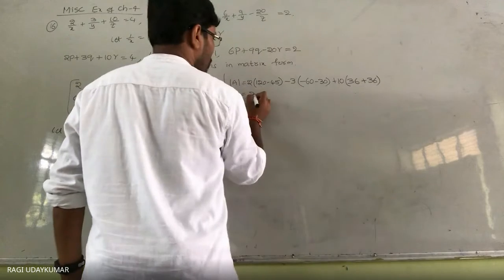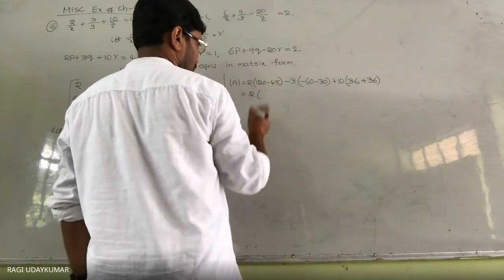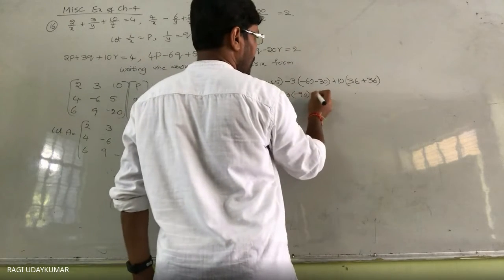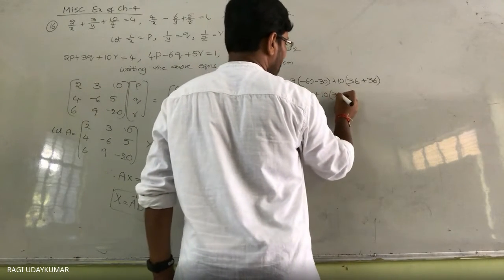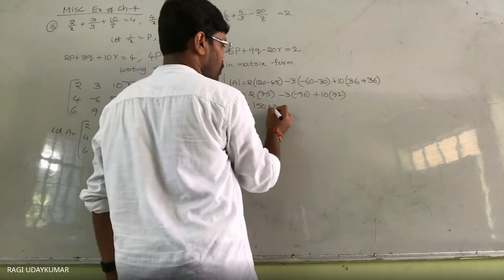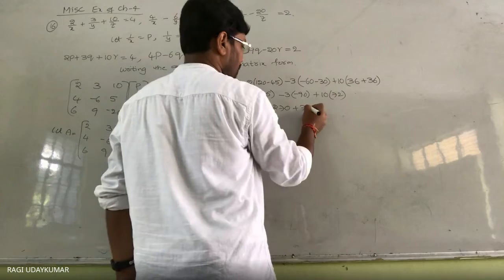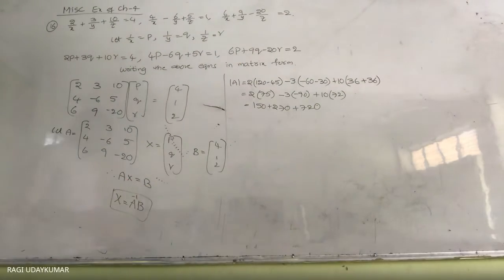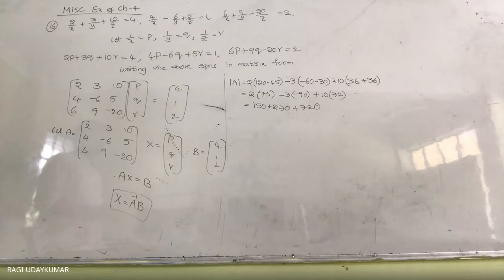Which is equal to 2 into 75, minus 3 into minus 90, plus 10 into 72. That is 150 plus 270 plus 720. Is the matrix correct? 1140.